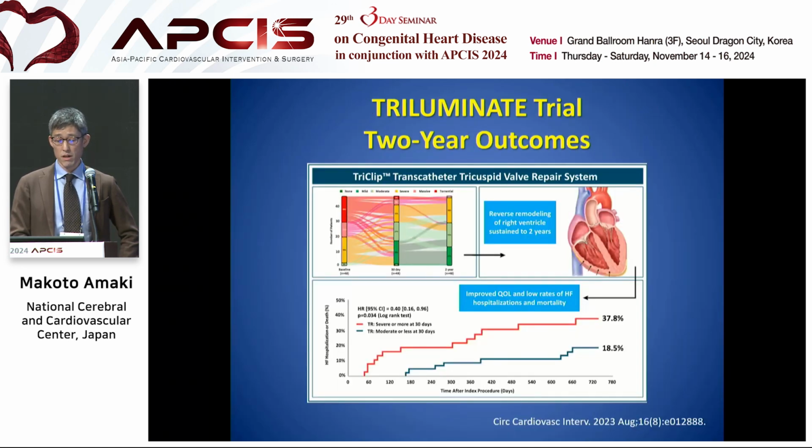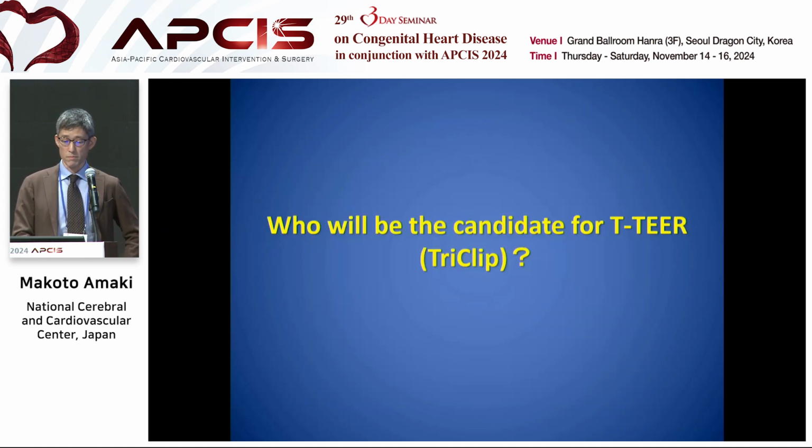And the 2-year outcome has also been proven, and in this paper, there is improved not only quality of life but also a lower rate of heart failure hospitalization, and mortality was also better in moderate or less patients after the TriClip treatment than severe or more.